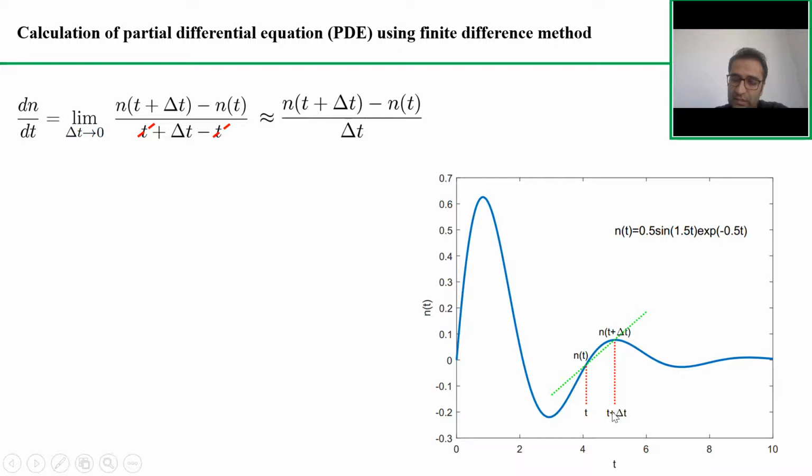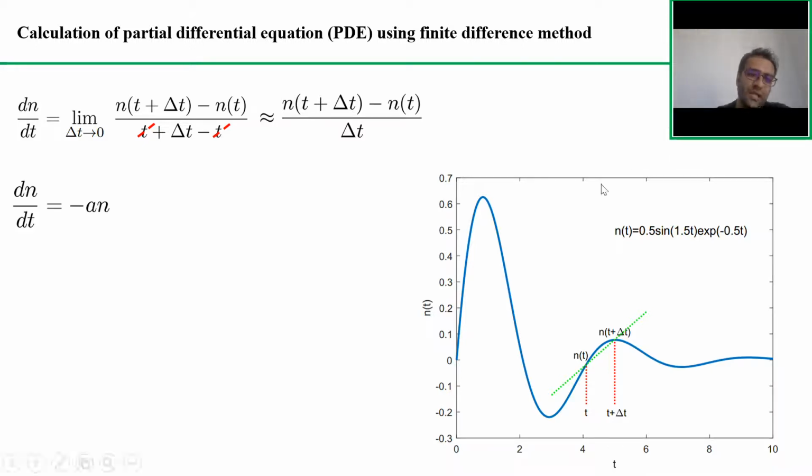You can imagine that when delta t tends to 0, this point will move toward this point, right? And the value of the function at this point also will move toward this point. So when delta t tends to 0, this green line will be tangent to this blue line, and this is just the definition of the derivative, and we know that the derivative of the function at time t will be just the tangent line to our function at that point.